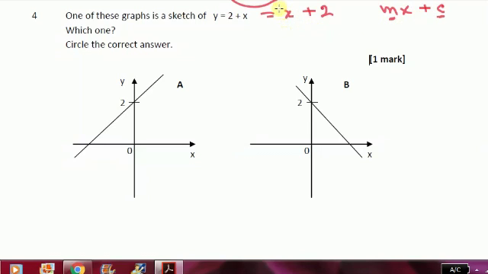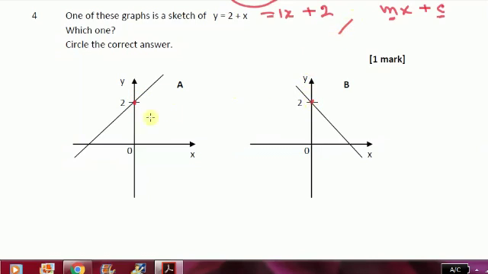So here, m, the coefficient of x, is 1, and the y-intercept is 2. So we're looking for a line with a positive gradient of 1 and a y-intercept of 2.